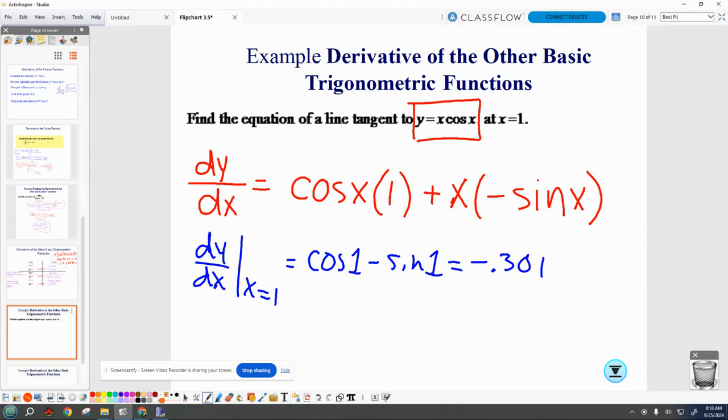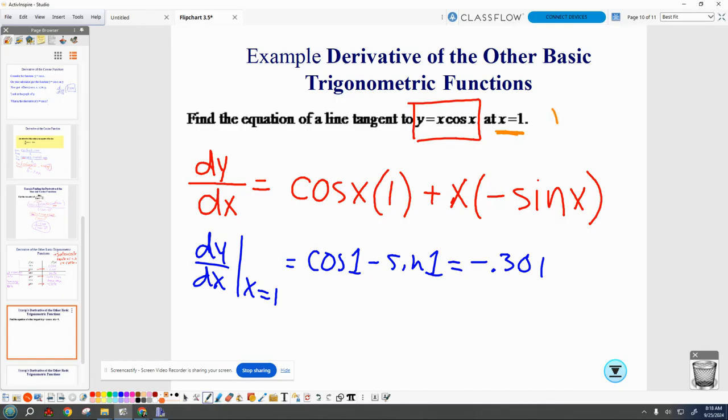I need a coordinate to write. I have a slope now. How do I get a coordinate? What's the x value where I want the coordinate? 1. Where do I get the coordinate from? What's the original function? x cosine x.